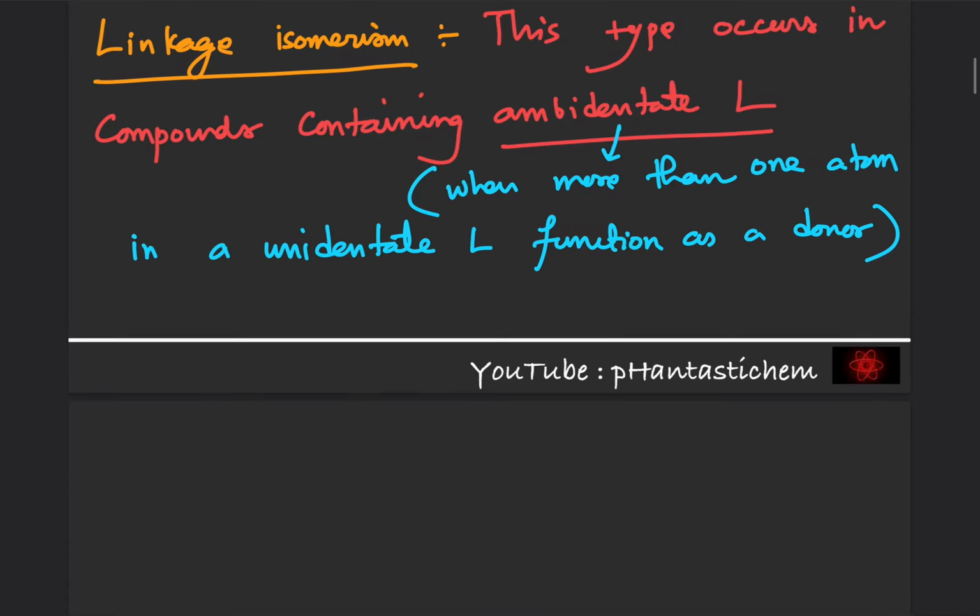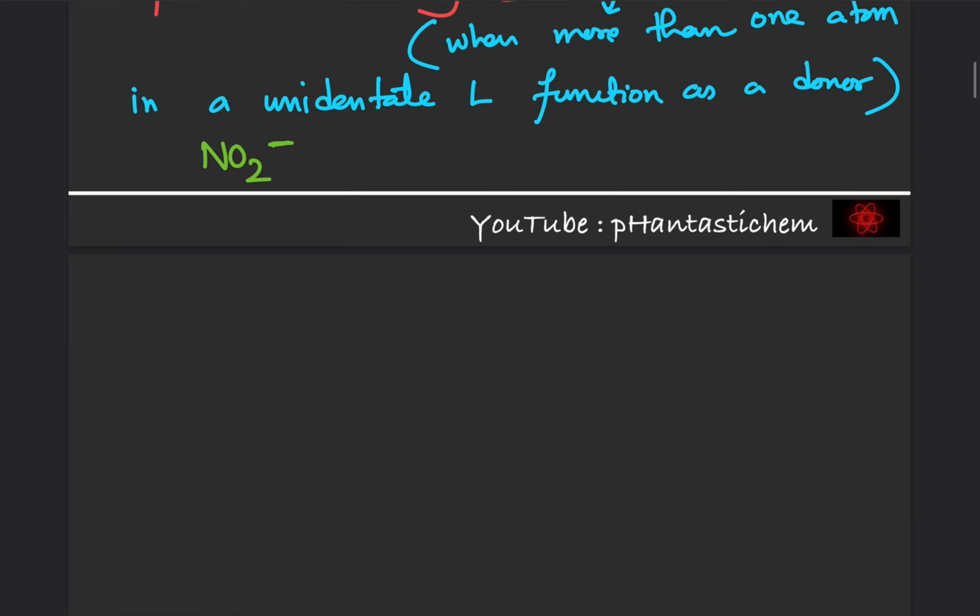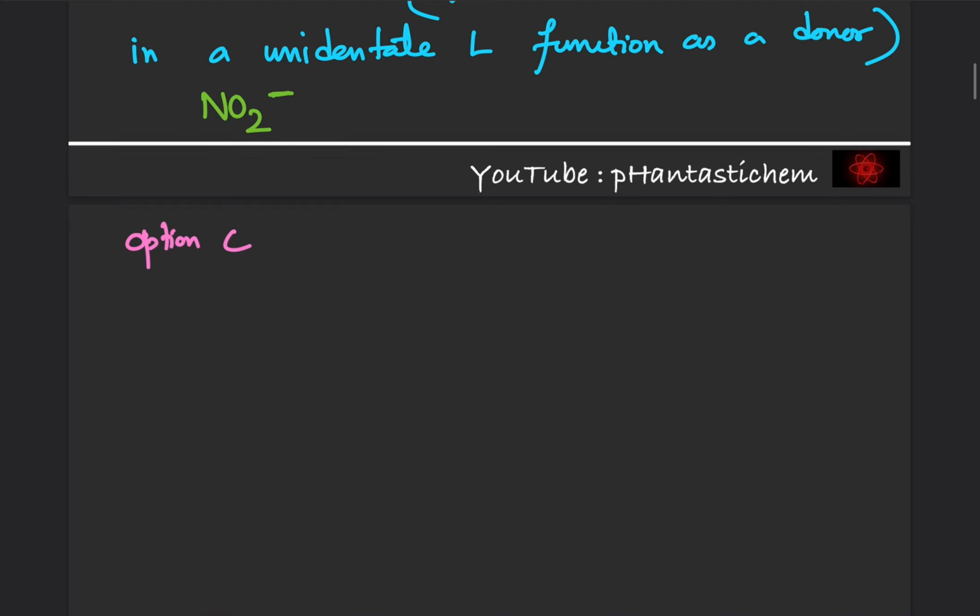For example, NO2 minus. In NO2 minus, either the N or O atom may act as a donor, giving two different isomers. Let's look at option C. The complex is [Co(NH3)5NO2]Cl2, with Cl2 outside. Here N is the donor atom.